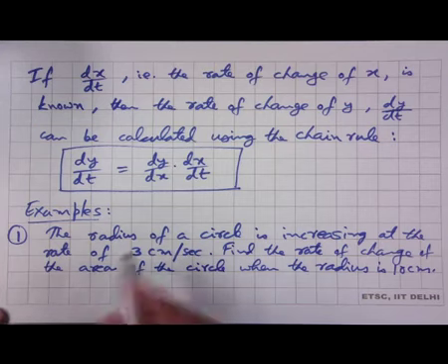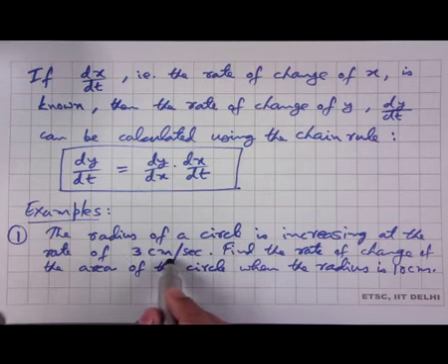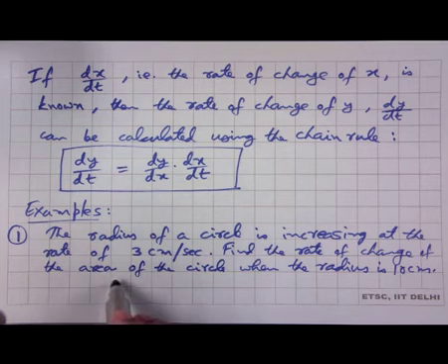So, what is given here is that the radius of a circle is increasing at 3 centimeter per second, and we have to find the rate of change of the area of the circle when radius is 10 centimeter.